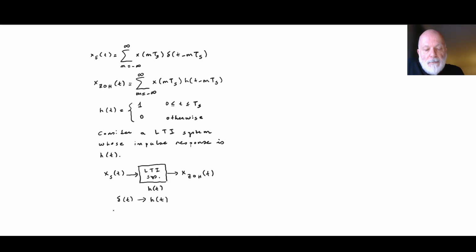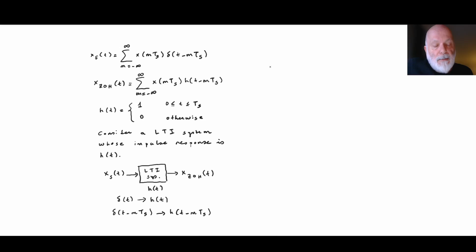So delta of t minus m Ts will give us h of t minus m Ts by time invariance. A shifted impulse will give us the shifted impulse response with the same time shift.